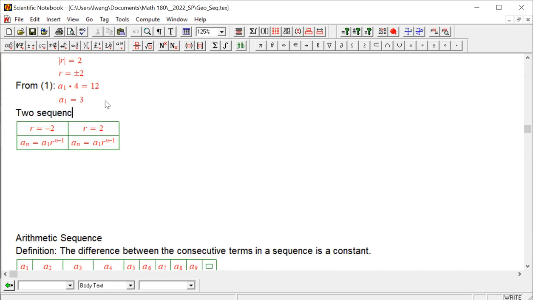The first one, if r is -2 and a1 is 3, multiply r, in this case r is -2. I still like larger fonts though. 75%.